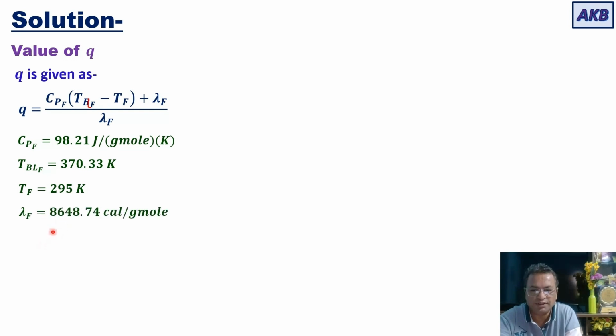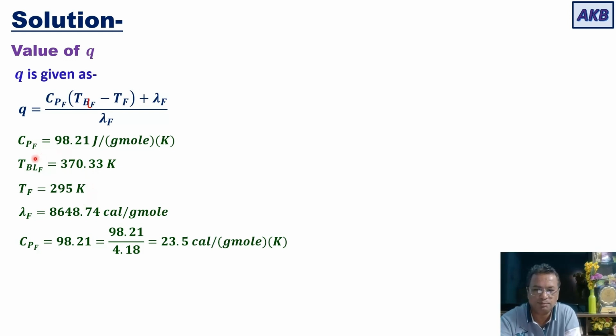Lambda F we got, it is 8648.74 calories per gram mole. Now, since lambda F is in calories and CPF is in joule, we need to do the conversion. You can either convert CPF into calories or lambda F into joule, and we are converting CPF into calories.